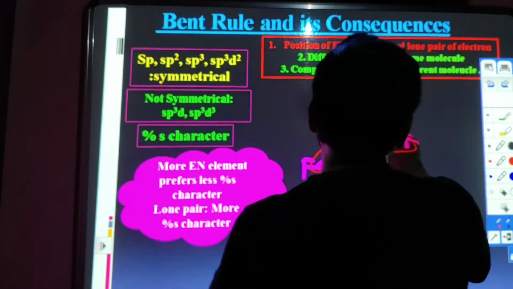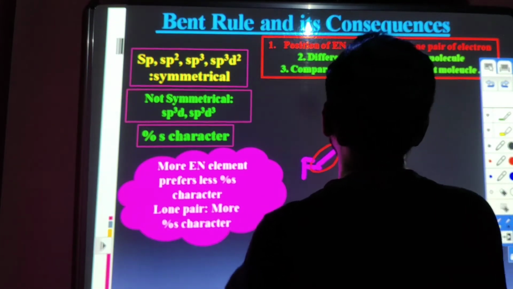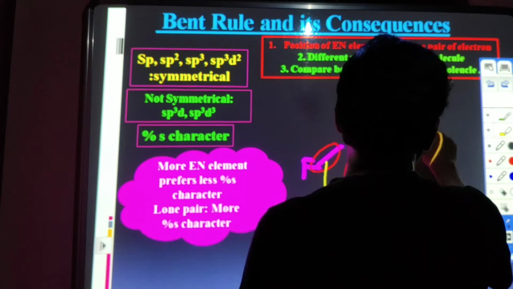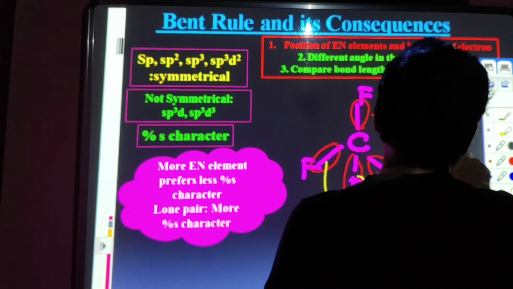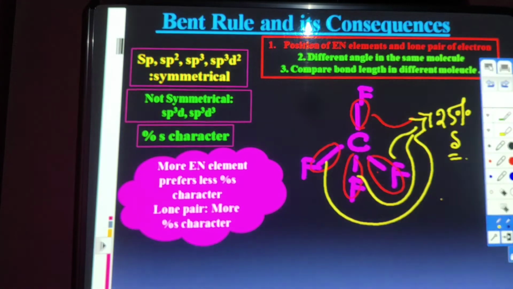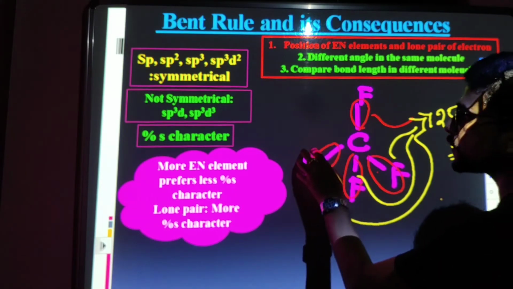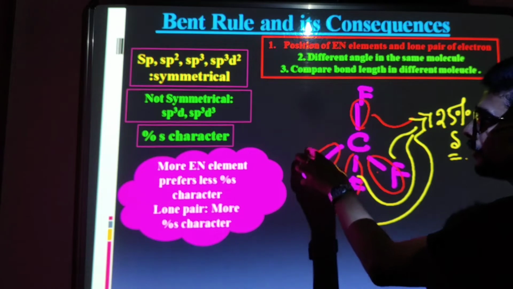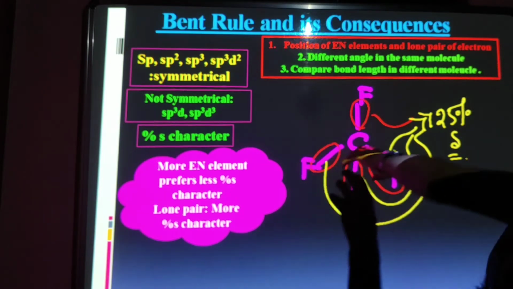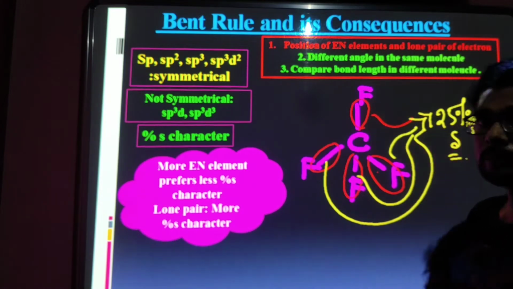So the percentage of s character in every hybridized orbital is 25% s character. It's clear? 25% s character. However, if we replace any group, any atom here, then what will happen? Percentage of s character will change.